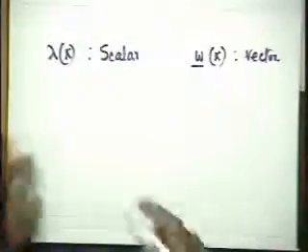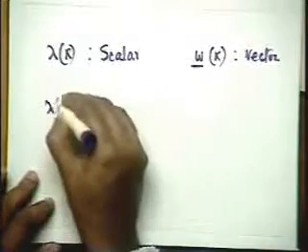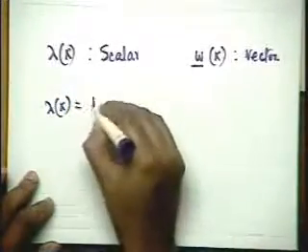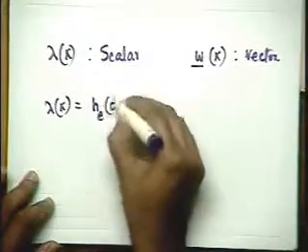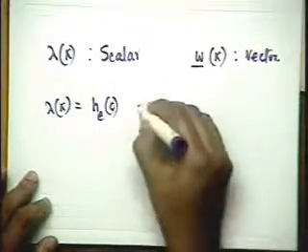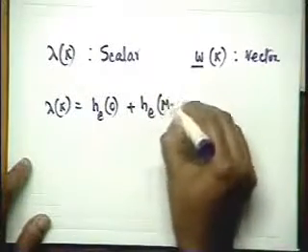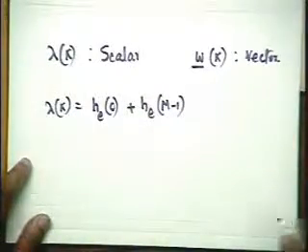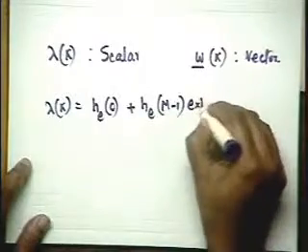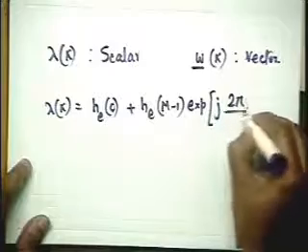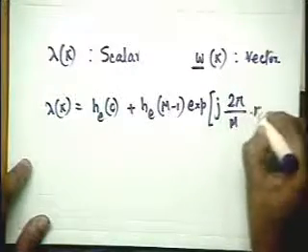So my definition, if I define the scalar quantity lambda k as follows: I take this as HE0, plus HEm-1 into exponential to the power j 2 pi by m into k.